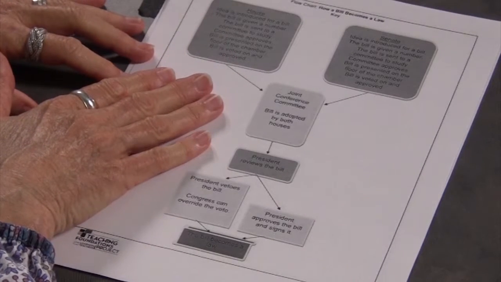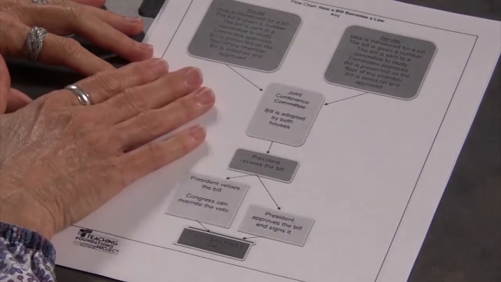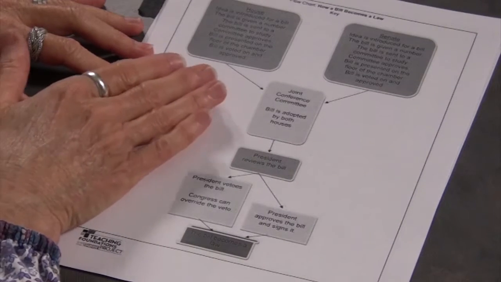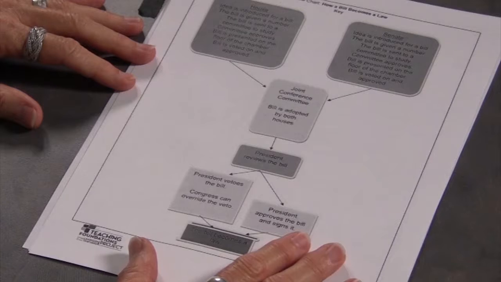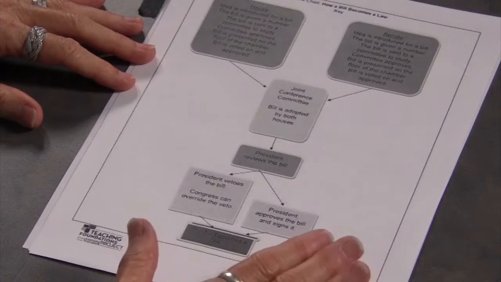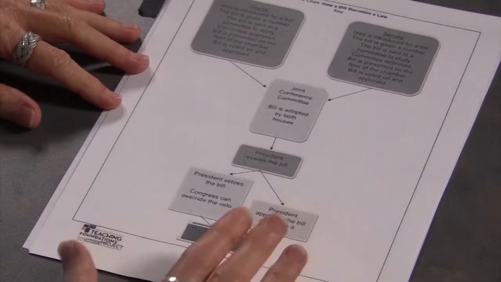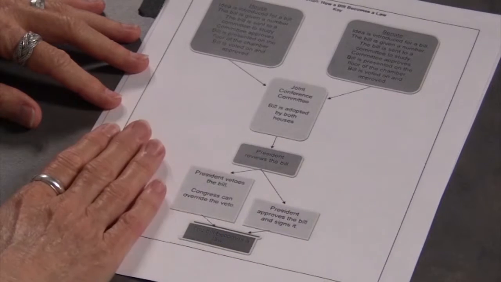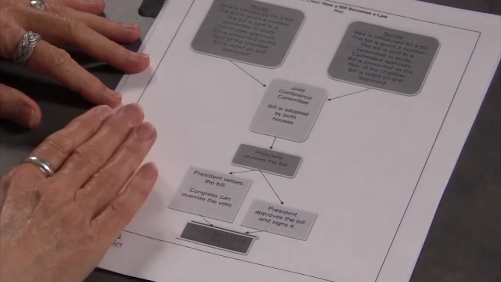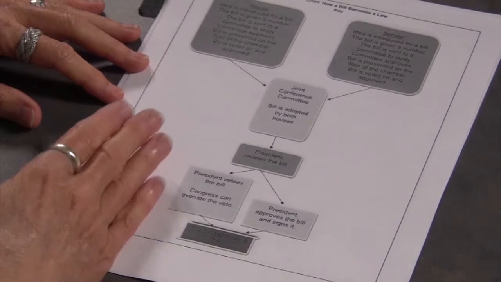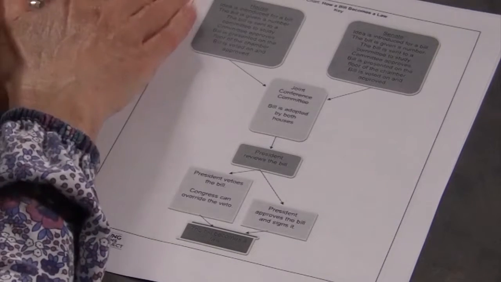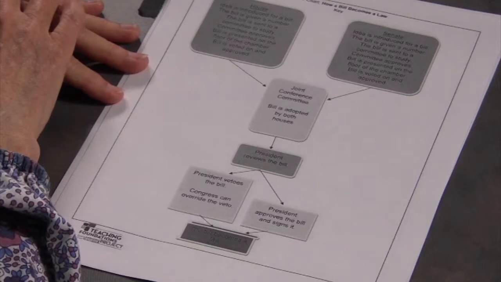The President reviews the bill, and it still doesn't become a law until he does the thing that we hope he would do for your law: he approves the bill and signs it, and then it becomes a law. If he doesn't like the bill, then of course he vetoes it, and then Congress can override the veto, beginning the process again, going through both houses of Congress.